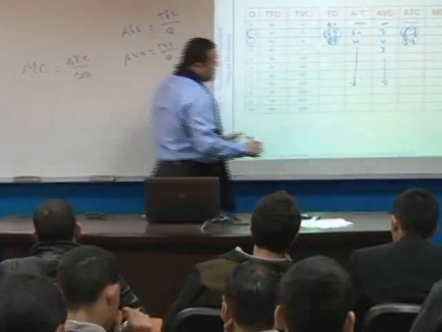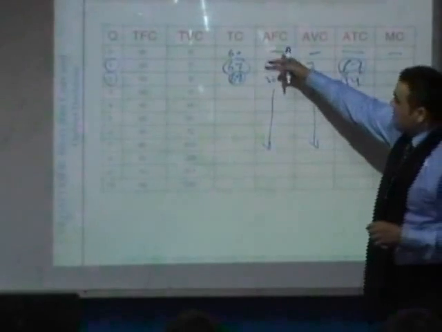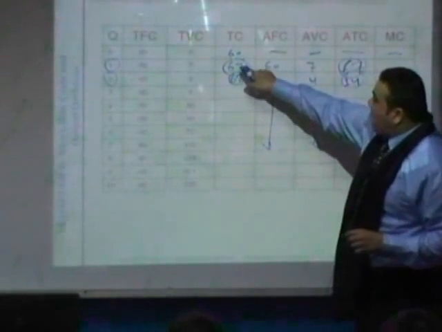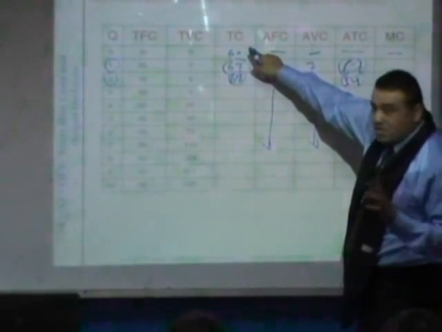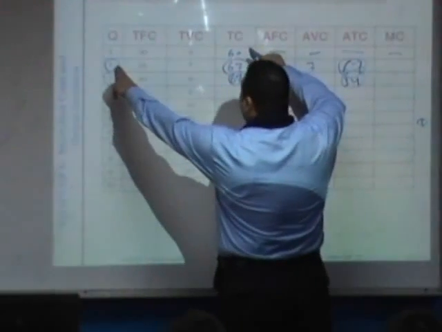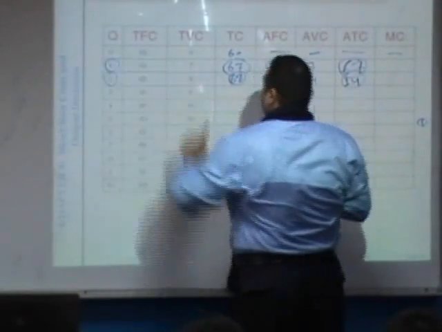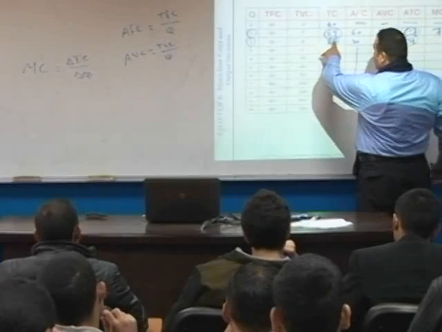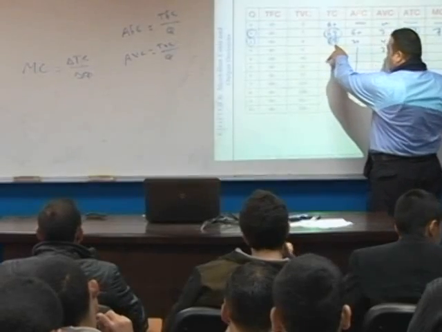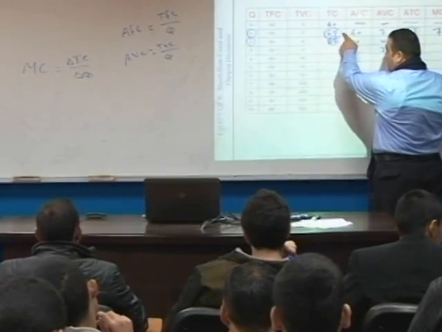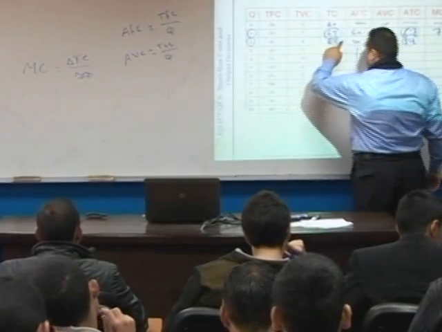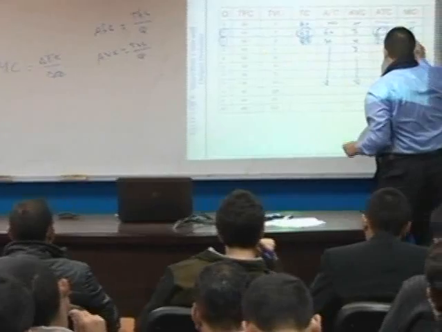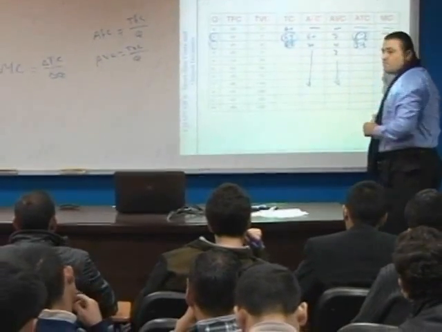MC, for the first case, there is no change when the output is 0. And then delta TC, 67 minus 60, 7 over 1 minus 0, 7. Then 68 minus 67 over 2 minus 1, 1 over 1, 1, and so on.